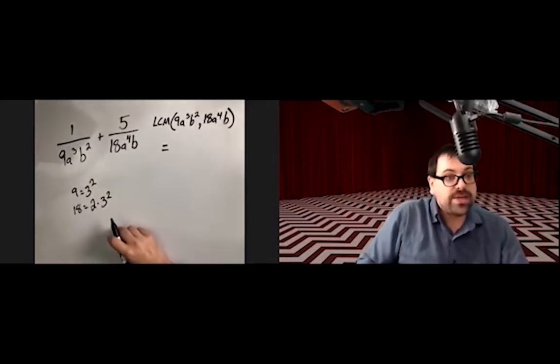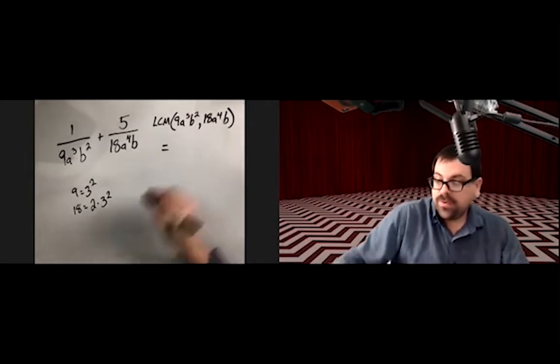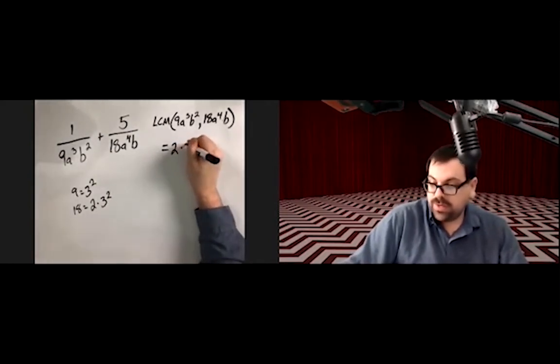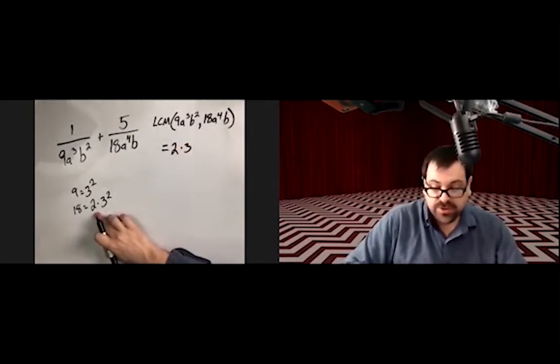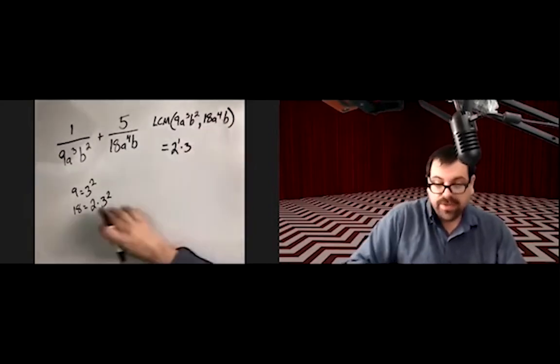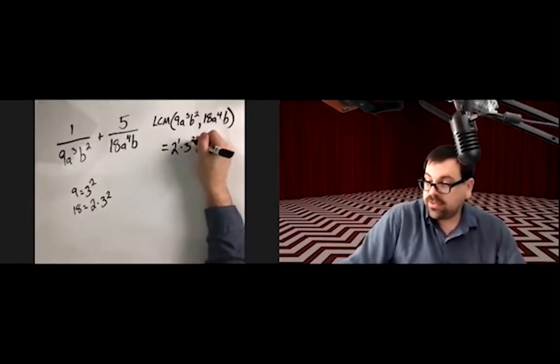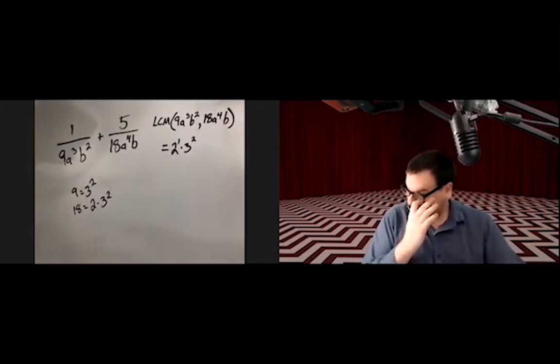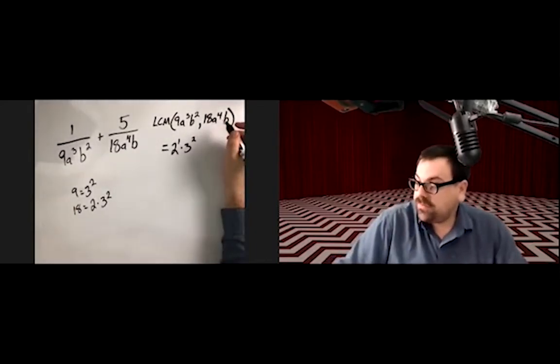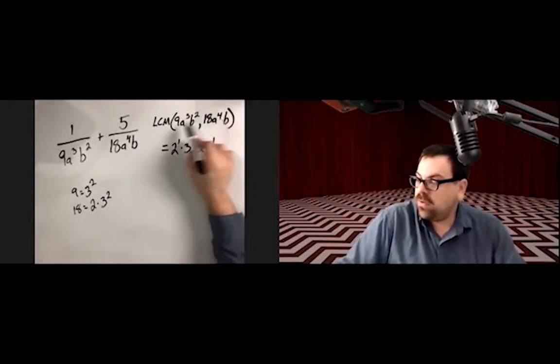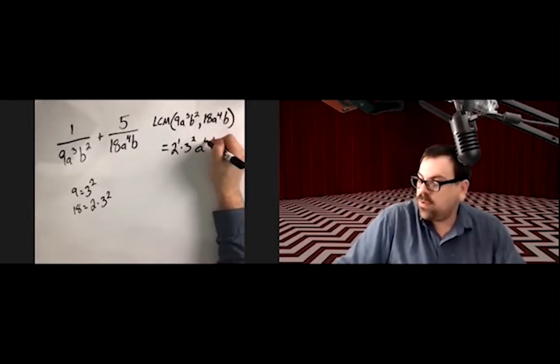So every factor we have to the highest power. We have a 2. We have a 3. The highest power of 2 is to the first. The highest power of 3 is squared. We also have a's and b's. The highest power of a is a to the fourth.